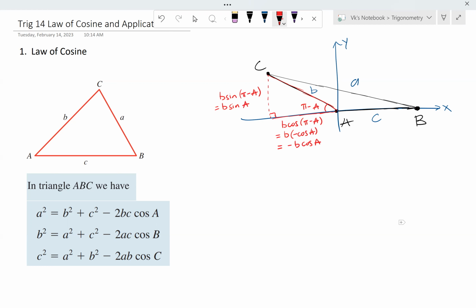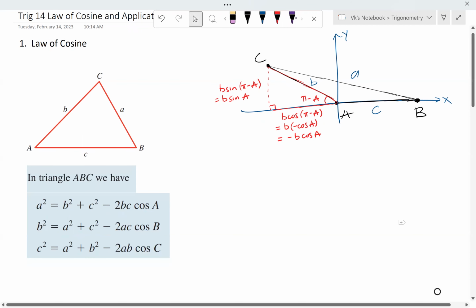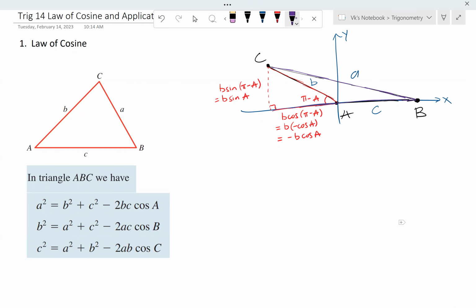And now we got to take a look at the bigger right triangle. In the bigger right triangle, this is the right triangle, so we can use the Pythagorean theorem.